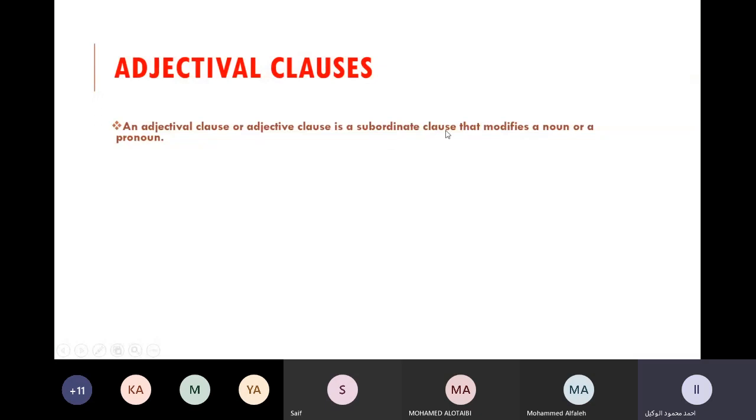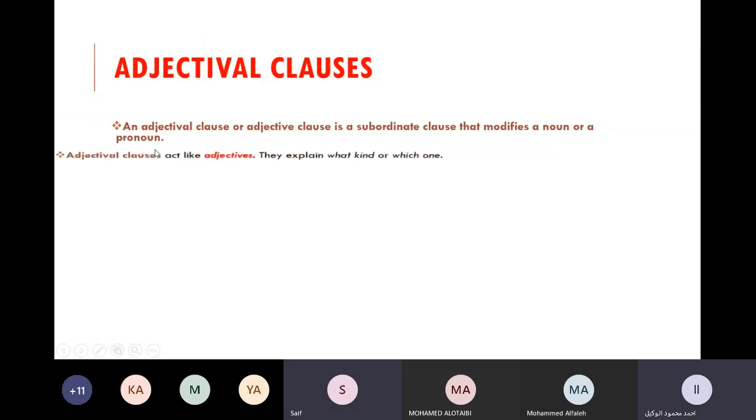Subordinate clause means not main clause, meaning that it doesn't give you full information, meaning that you cannot understand the whole sentence from it. Right? It only presents more information about the main clause, or the actual clause that modifies a noun or a pronoun.